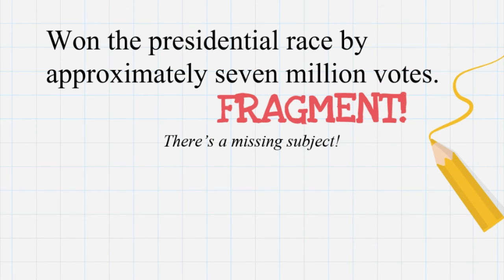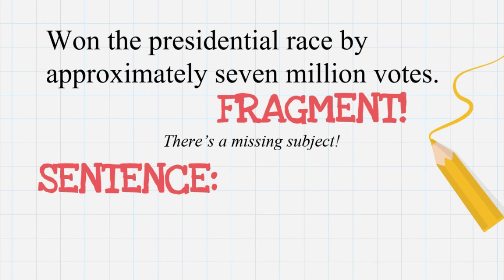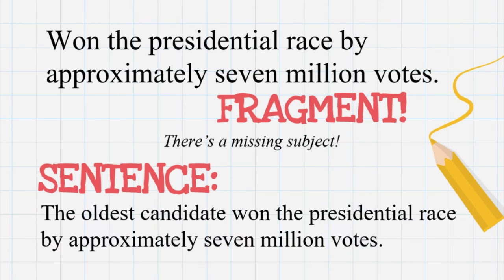So how are we going to transform it into a sentence to have a complete thought? An example is, the oldest candidate won the presidential race by approximately 7 million votes. So the subject in this sentence is the oldest candidate and the predicate is the verb won.